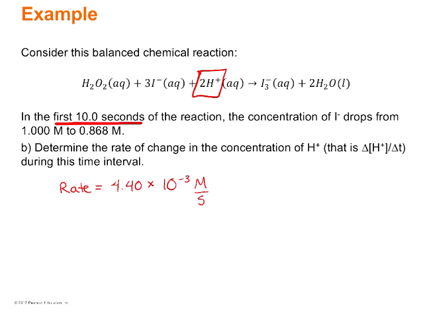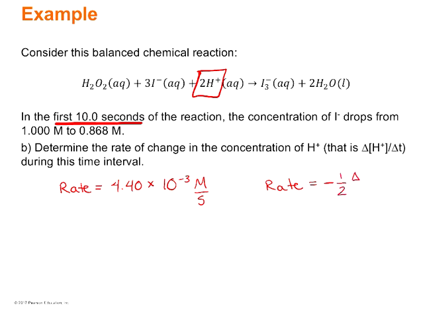So let's write our rate expression here for H plus. So rate will equal, again, this is a reactant, so this has to be negative. And then we have a coefficient of 2 in front of the hydrogen ions, so we're going to multiply this by 1/2.